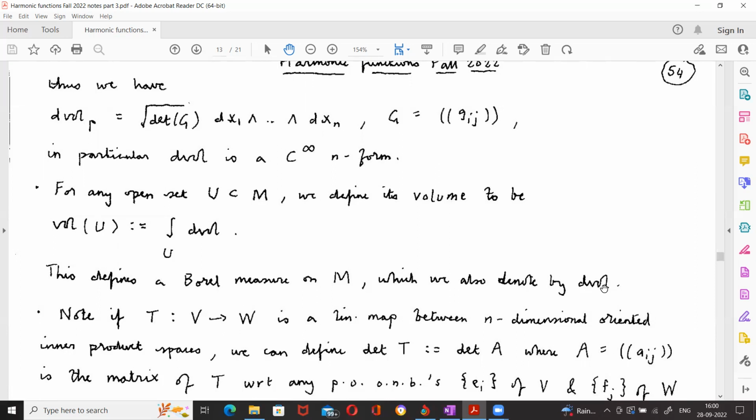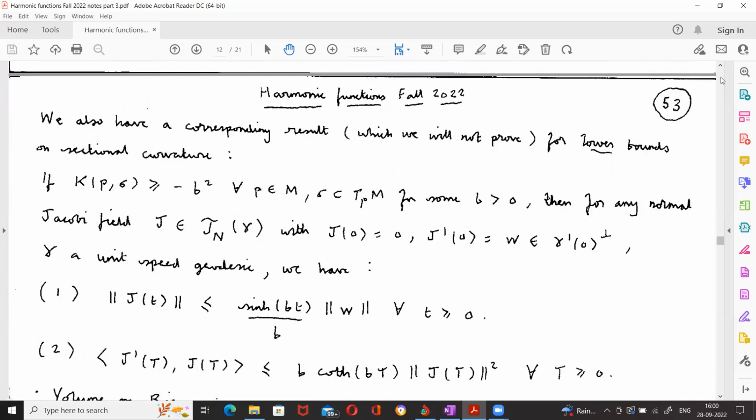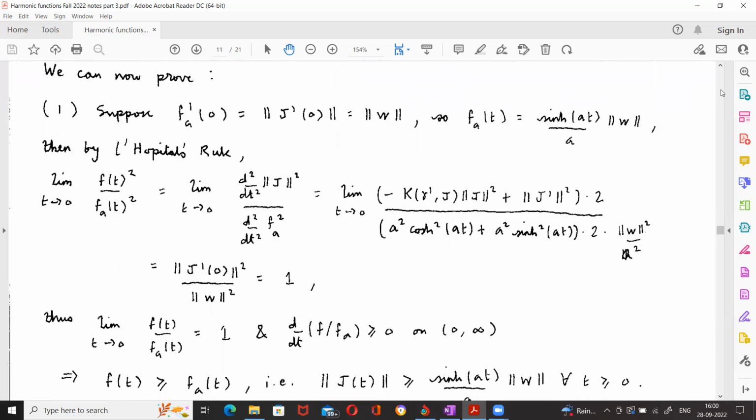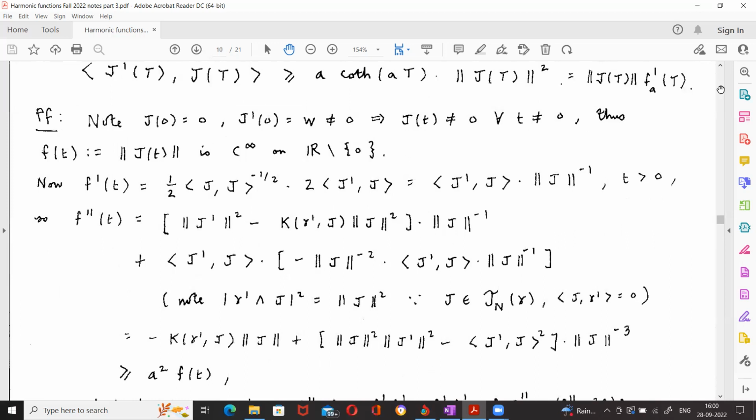Questions, comments? Sir, why is that upper bound proof difficult? Why is the upper bound? That's a good question. The problem is the following. The problem is in the calculation of this f double dash. Here we have a term norm j prime squared.